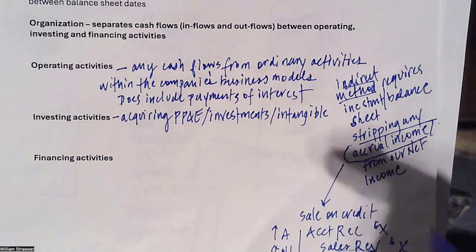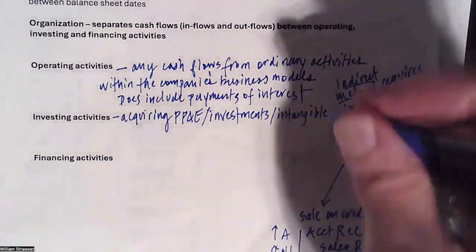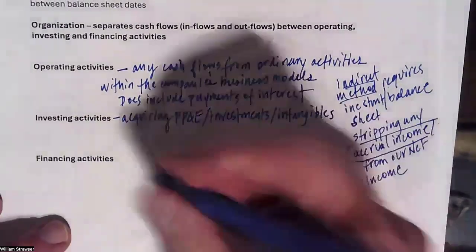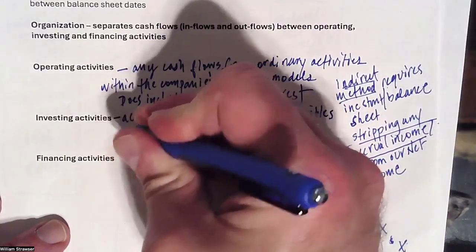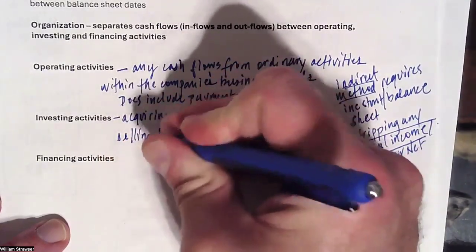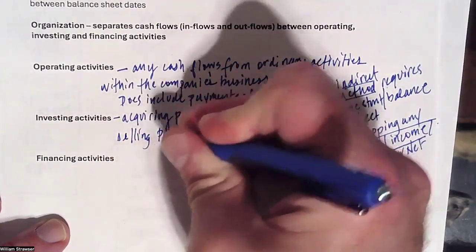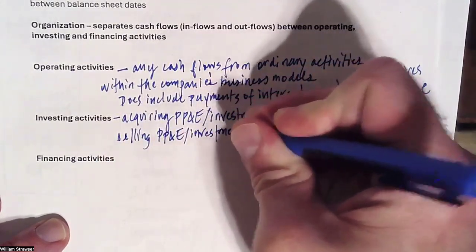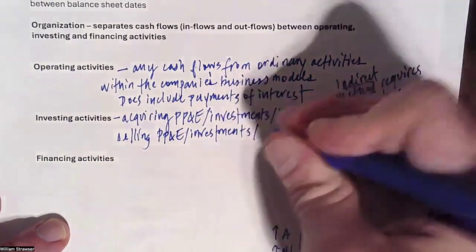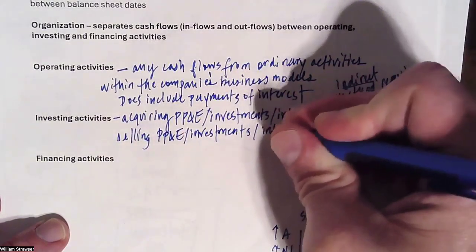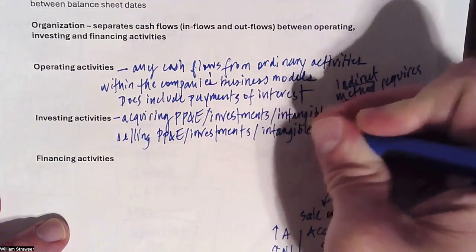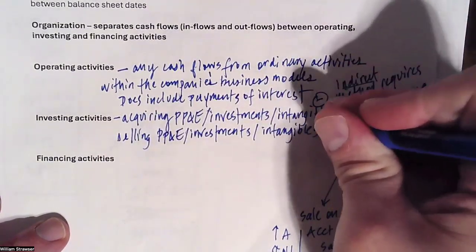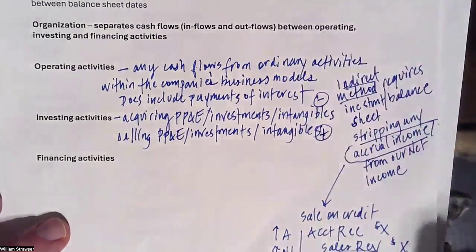That would be a minor holding. It includes intangibles that we purchase. It includes PP&E that we purchase. And of course, the selling of those items when we're done with them and dispose of our PP&E, our investments, our intangibles. That creates cash inflows. So acquiring those assets is a cash outflow. Selling them, of course, gives me a cash inflow.